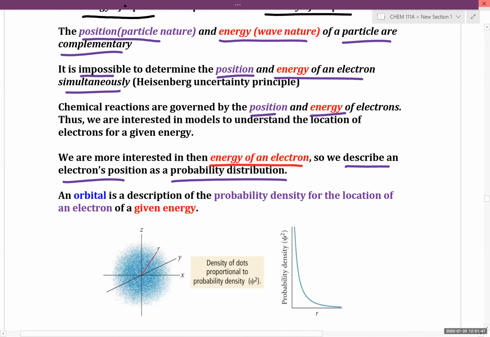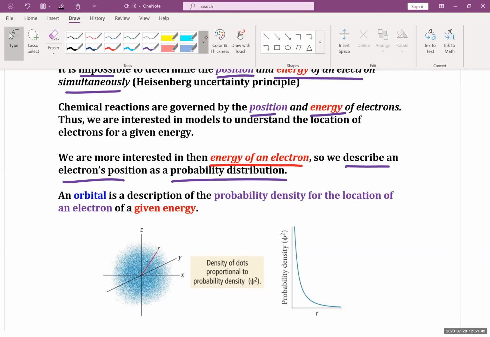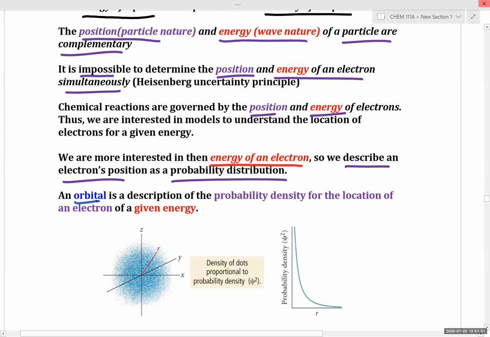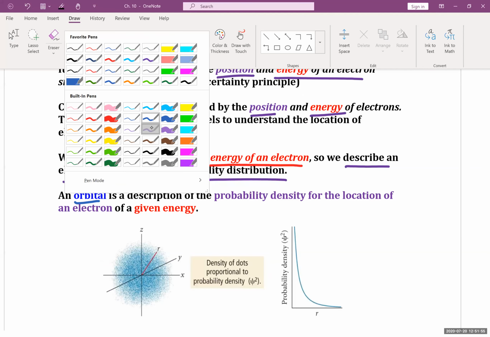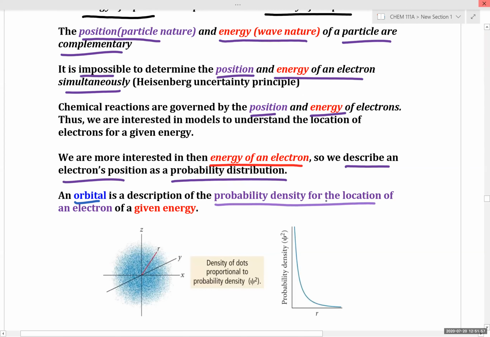So, an orbital is a construct that we use to describe the probability density for the location of an electron for a given energy.